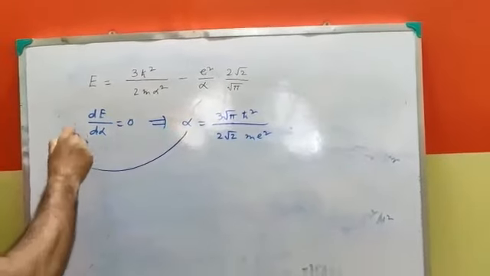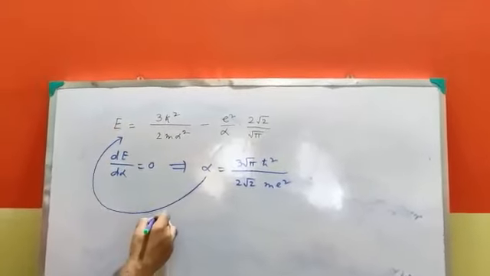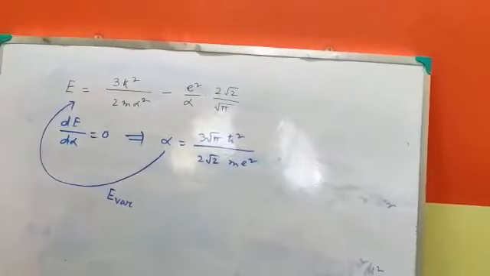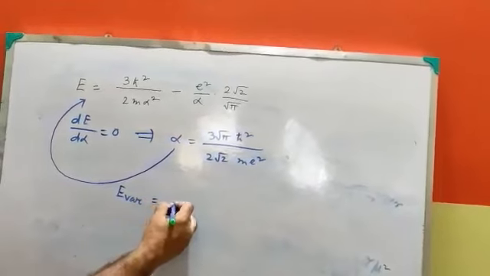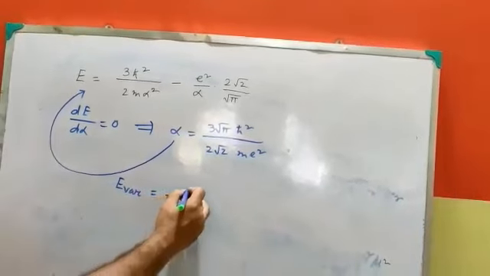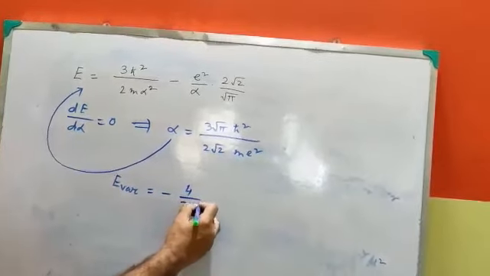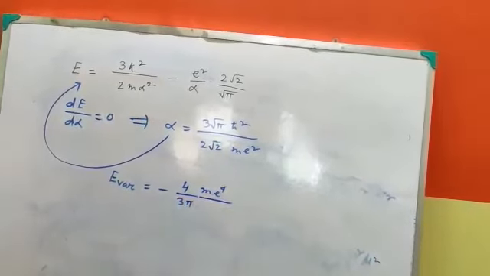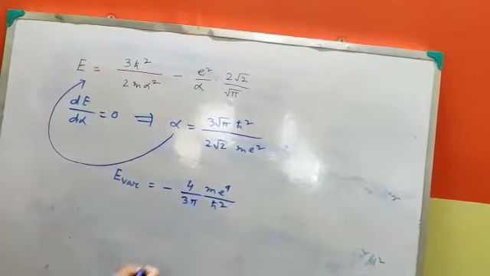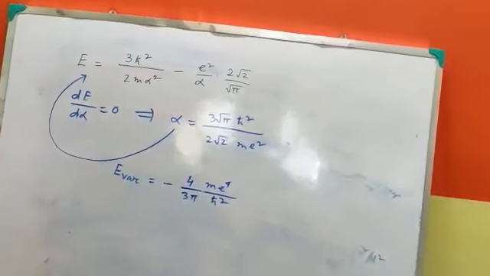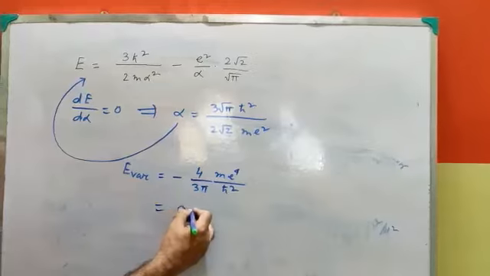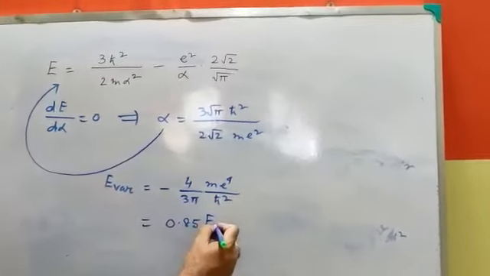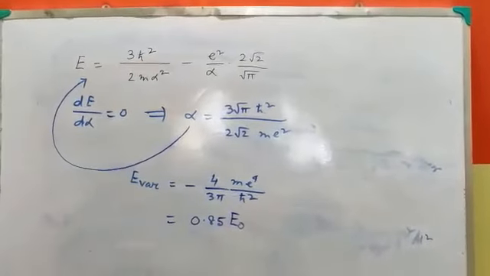And now if you put the value of alpha in the expression of the energy, then you will get the variational energy, which will look like minus 4 by 3 pi, m e to the power 4 by h cross square, and this value is equal to almost 0.85 of the exact ground state energy of hydrogen atom.